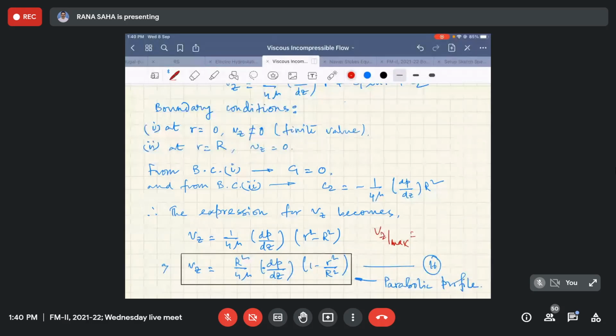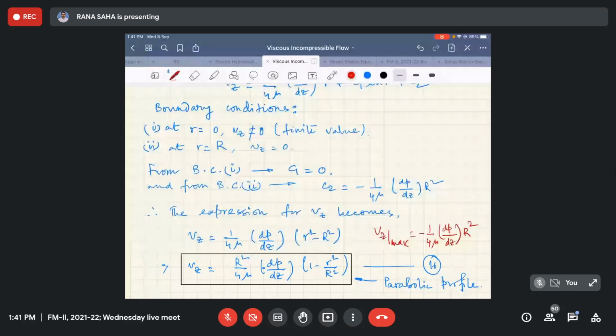And that will be minus 1 by 4 mu dp/dz R square. Right? Yes, sir.